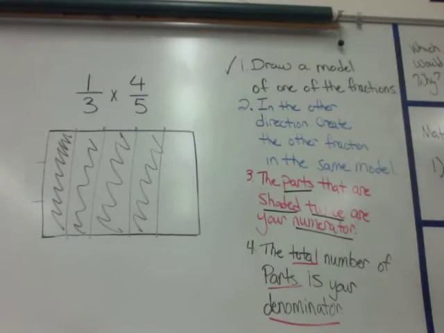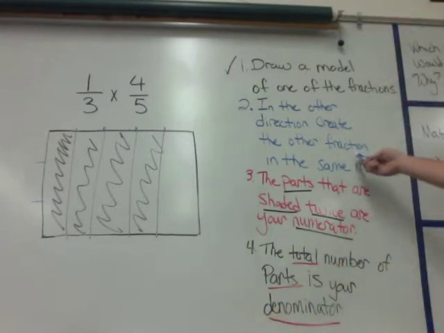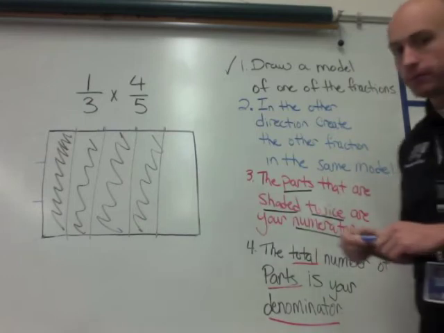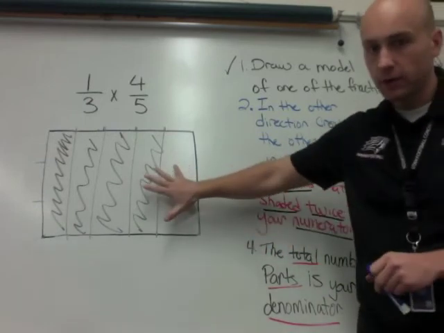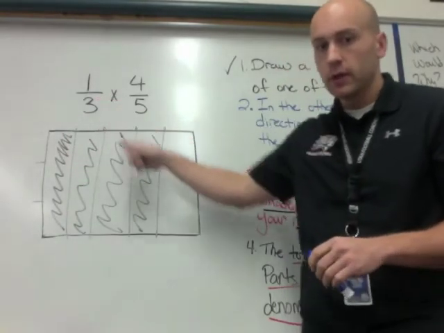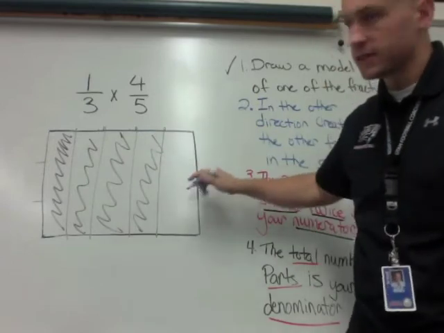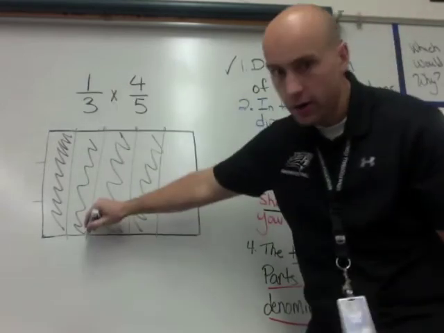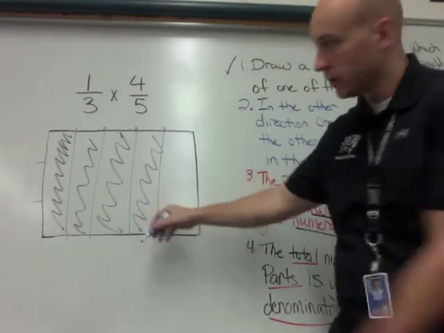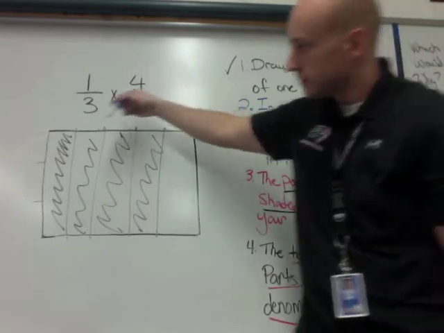Okay, step number 2. It says, in the other direction, create the other fraction in the same model. So I'm going to use this same model, and I'm going to create the other fraction, which is 1/3. So what I mean by the other direction is if I were to split this into thirds in the same direction, I would make a line here and make a line here. But I want to go the other way, go the other direction, okay? So I'm going to split this into thirds.